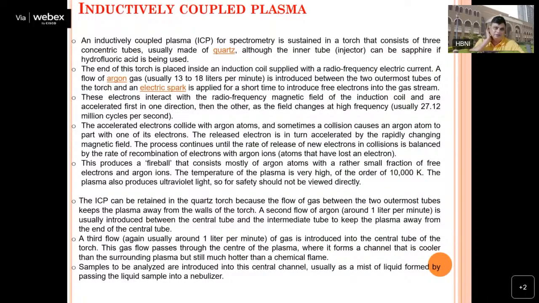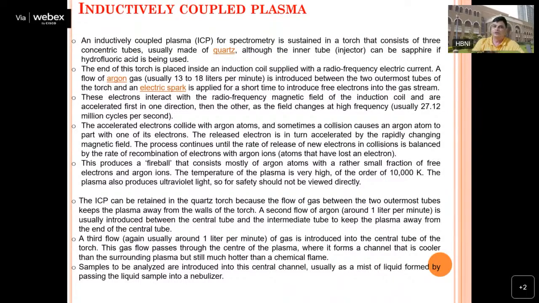Whenever you have free time, you can read how this plasma gets generated. In all these instruments, the plasma comes at two different frequencies: one is 27 megahertz, the other is about 47 megahertz.